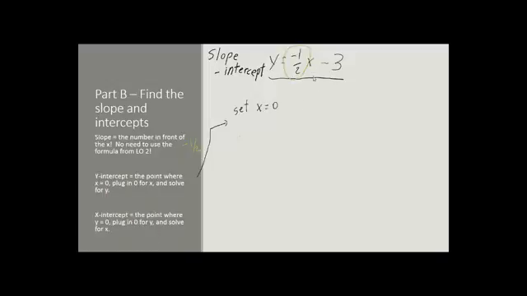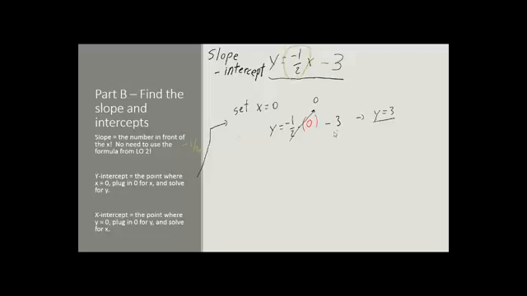So see where it says x here? We just put 0, and then the rest of the equation does not change. So we'll have y equals negative 1/2 times 0 minus 3. Well, of course, negative 1/2 times 0 simplifies down to 0. So we get that y equals 3.